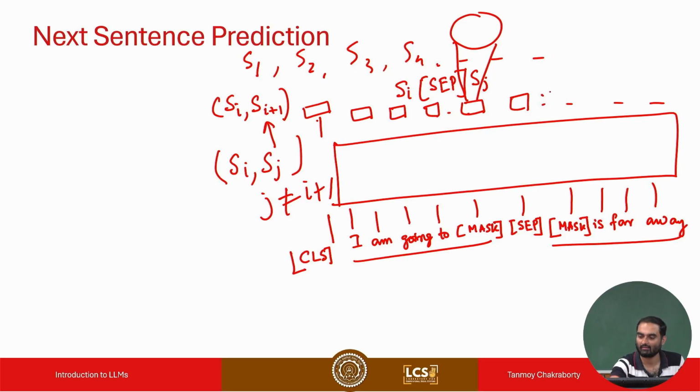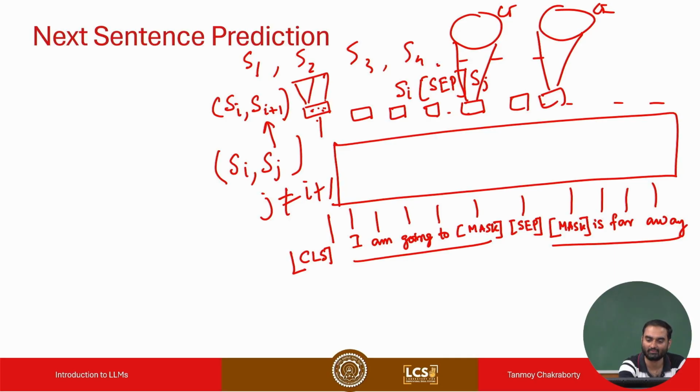Here and here I will measure the error using cross entropy. And corresponding to the CLS token, I will add a task specific layer, which is just a feed forward network that projects it to a 2D space, a distribution over yes or no. This is a task specific head.